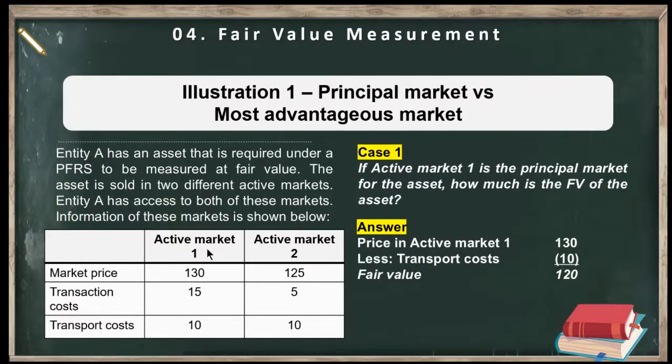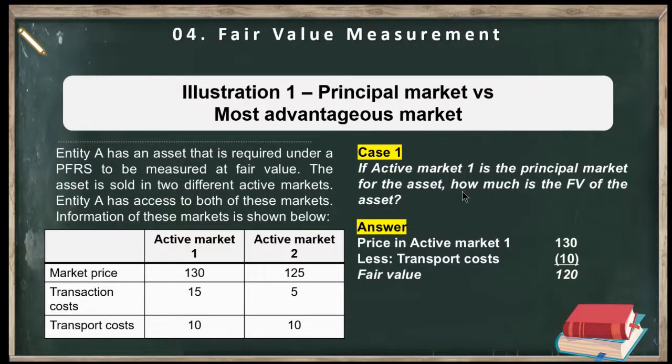Okay, di ba sa priority, ang principal market ang ato ang unahon. Kung walay principal market, we will identify which of the markets is considered as the most advantageous market. So again, since active market 1 is a principal market, we will use the market price for active market 1. So that's 130. And again, we will adjust for the transport cost. So deduct the transport cost of 10. So therefore, the fair market value that we will use is 120.